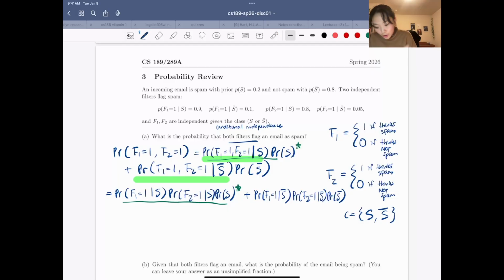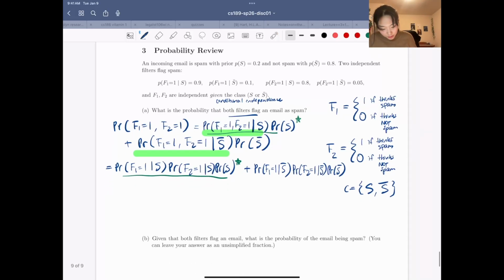Wonderful. Okay, and so now we can actually start plugging in numbers. The probability of F1 = 1, so it thinks it's spam, given S is 0.9, so it's right over there. And I'm going to plug in the rest of the values. Over here we have 0.8. Over here, the probability of S is 0.2.